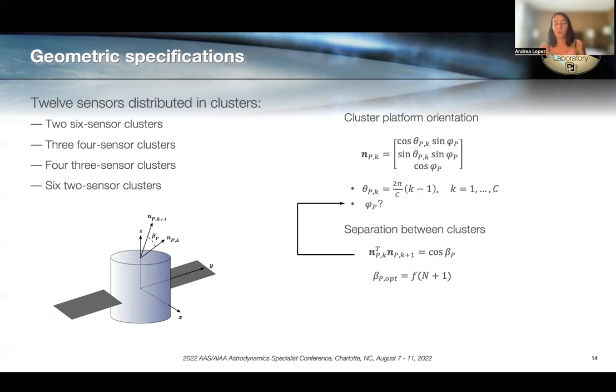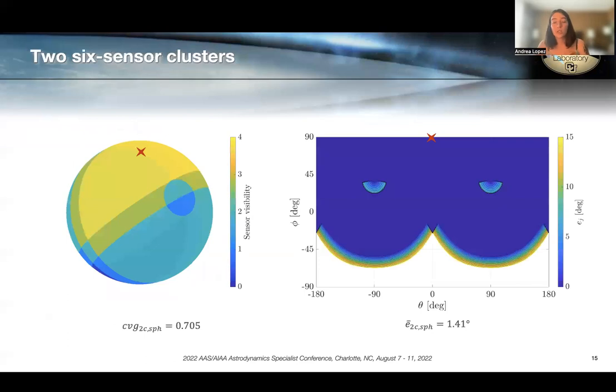And the geometric constraints are set so that the blind spots for one of the clusters is covered by all of the remaining clusters. So this is what I'm showing you in here.